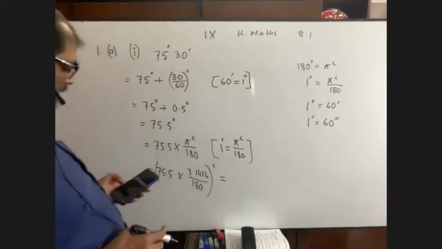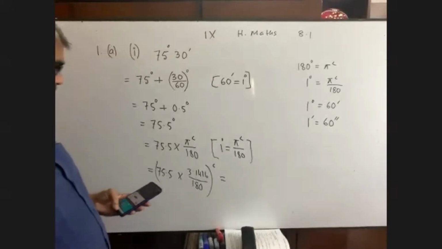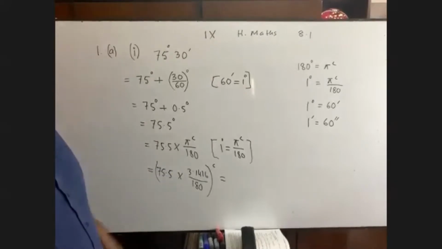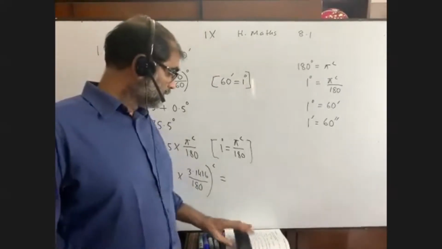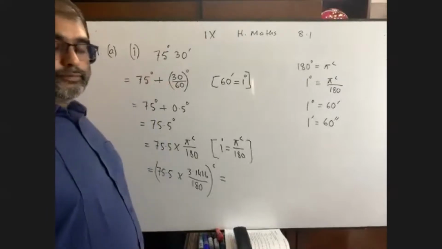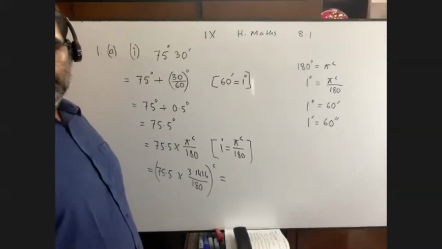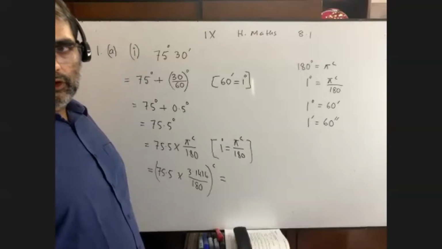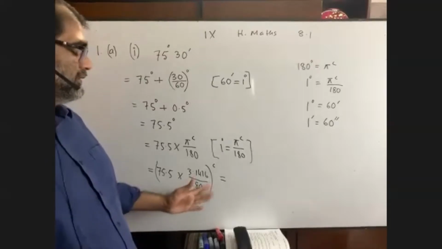Dear students, I have not got your answer. It is equals to what? Let me know. Hello everybody, are you there? Hello? Yes, sir. So just let me know what is the value.